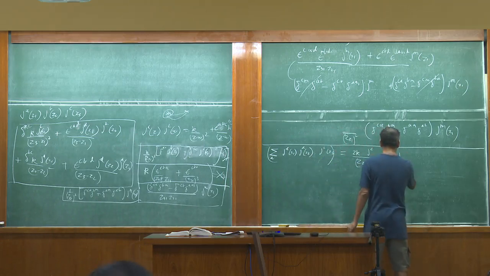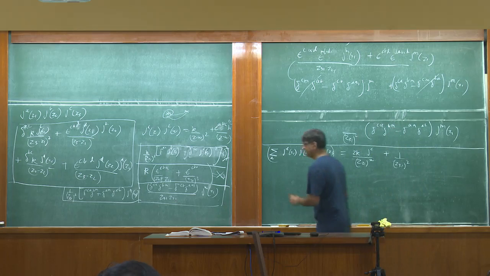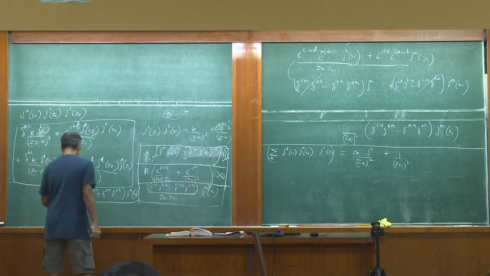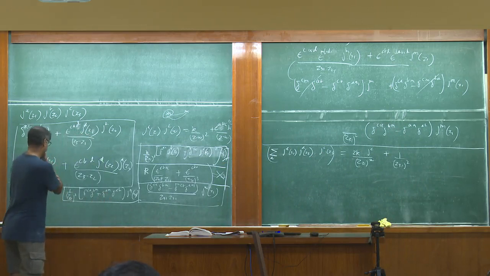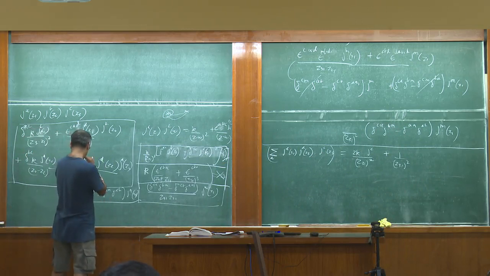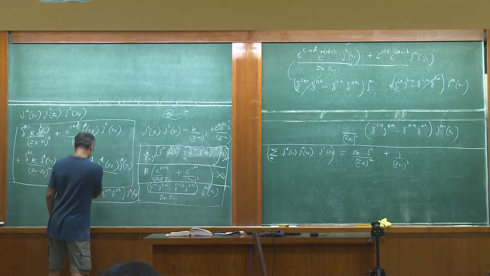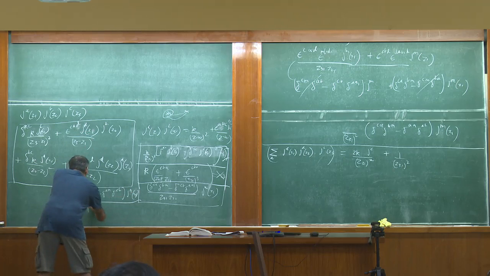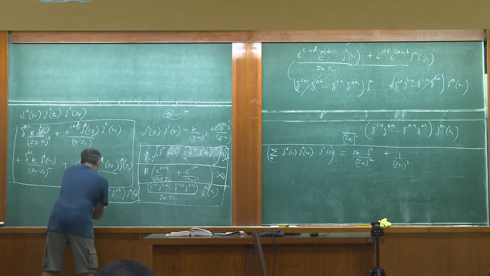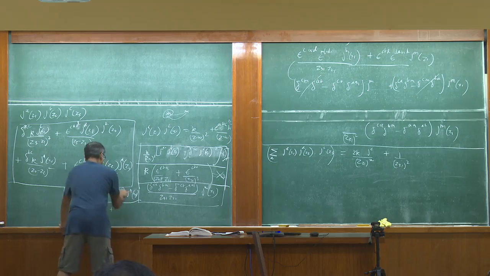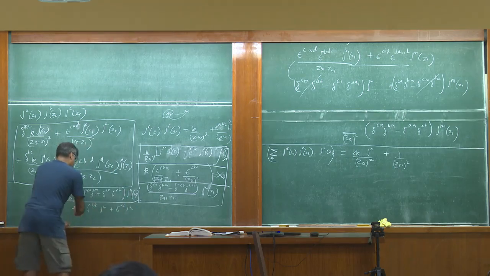So we have plus 1 over Z31 the whole thing squared, and then what do we get? This M is contracting here, so M can be replaced by B. This was delta CA JB, where M here was B, plus delta CB JA.